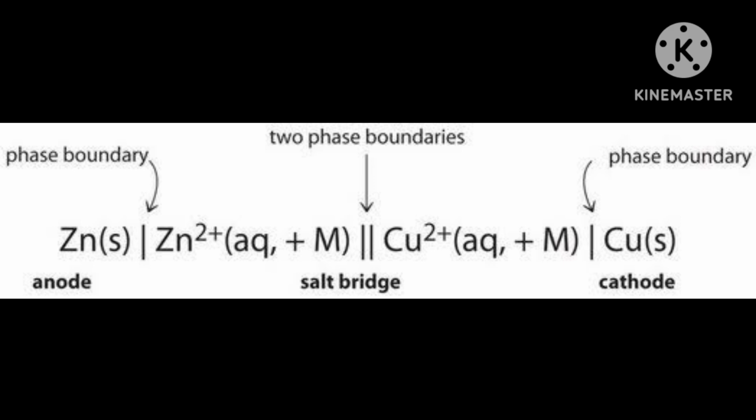That is the standard electrode potential. Correct? For copper, the total E cell will come 1.1 volt. Whatever value comes, copper will come when the Zn is minus 0.76.